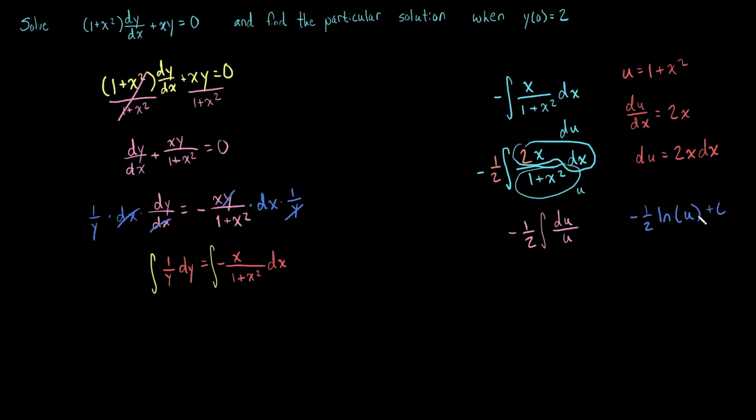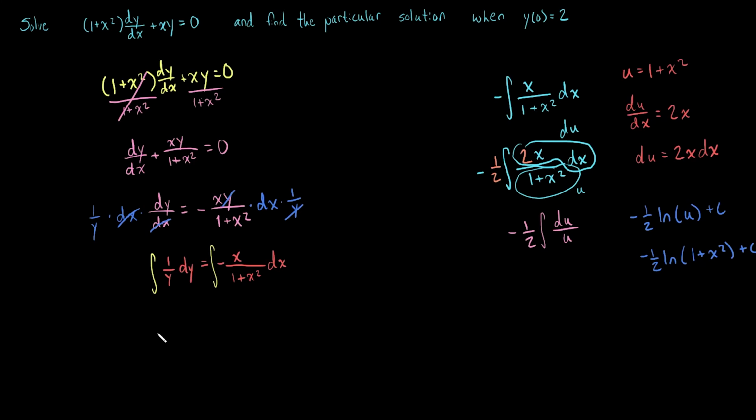Well, we're not dealing with u's, we're dealing with x's, so I want to get rid of this u. We know u is equal to 1 plus x squared. So we get negative 1/2 natural log of 1 plus x squared plus c.